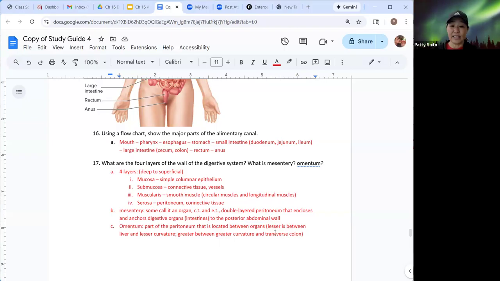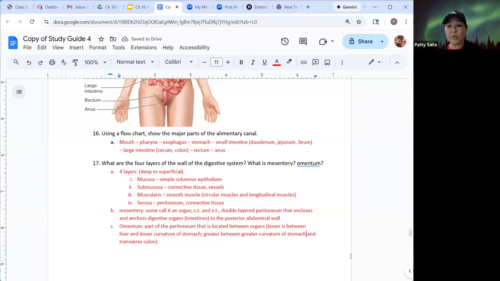okay, and the description is here, lesser between the liver and I'll just say stomach. So we haven't gotten to the parts of the stomach. Oh, I'll leave it here. Lesser curvature of stomach. And then greater curvature of stomach and transverse colon. Okay.